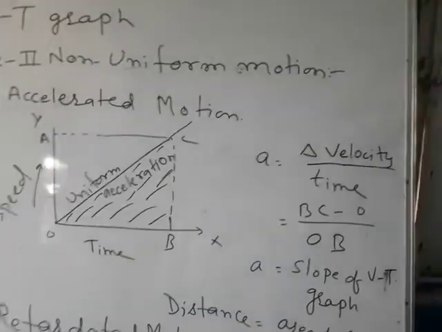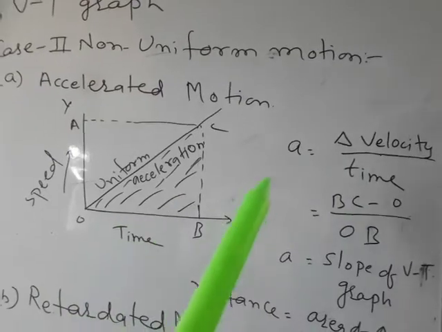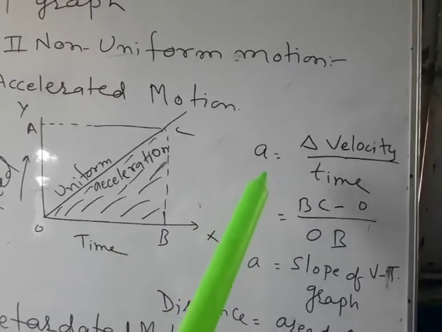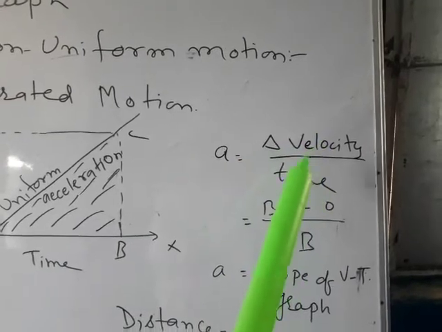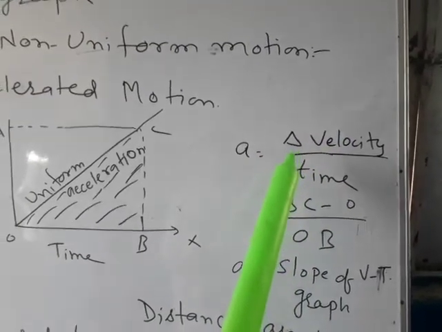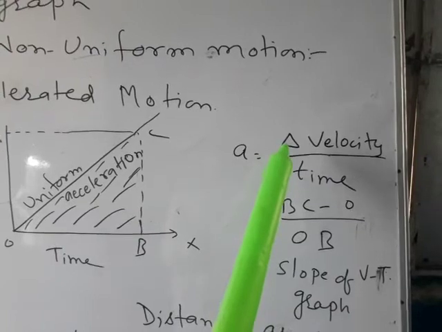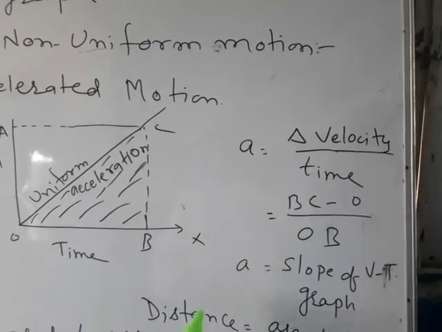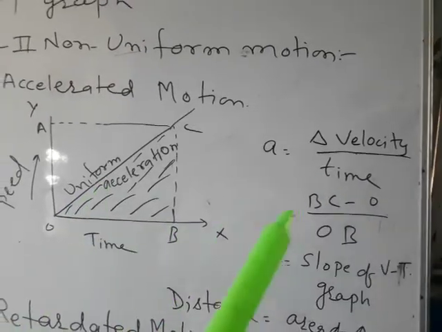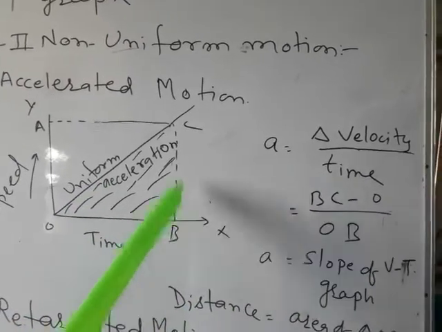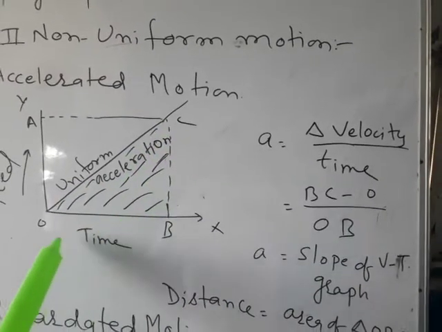Now, a is equal to, it means acceleration is equal to change in velocity by time. Students, here the delta symbol shows the change in velocity. Now change in velocity means BC minus 0.